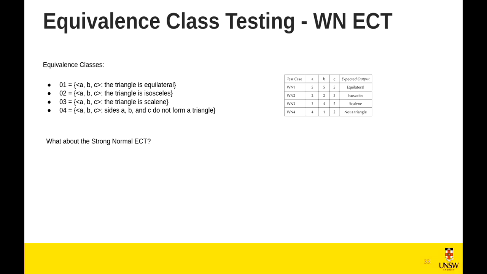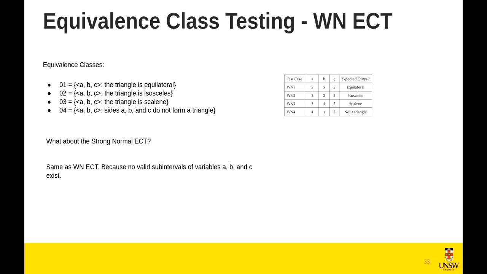What about strong normal equivalence class testing? Do we need to consider the combinations of different equivalence classes? Actually no here, because we don't have subintervals. Just now in the example of x1 and x2, we have subintervals, and we should consider different permutations or combinations of different subintervals.